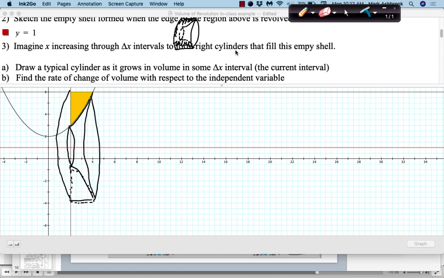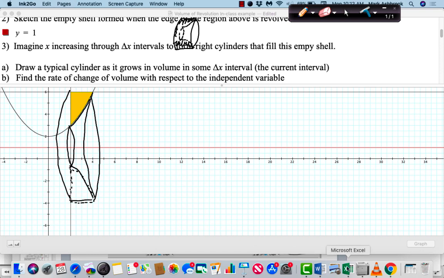Then find the rate of change of volume with respect to the independent variable x. So you've got some work to do now. Is the task clear? You're either making progress or you're getting help. No sitting back waiting for other students or me to talk about it. Everyone's working at this. Go.